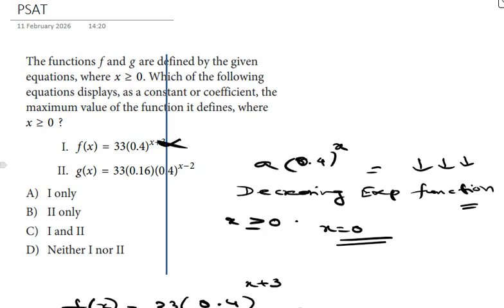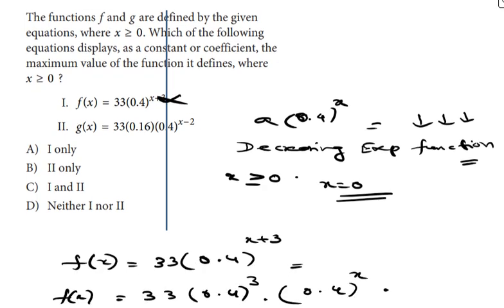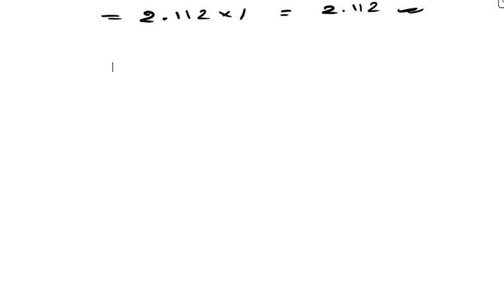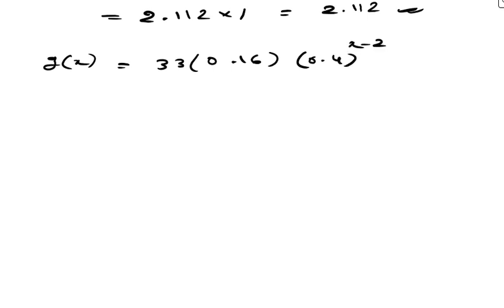Now come to function 2. Given that g(x) is equal to 33 times 0.16 times (0.4)^(x-2). So first rewrite it properly. Remember 0.16 is equal to (0.4) squared.